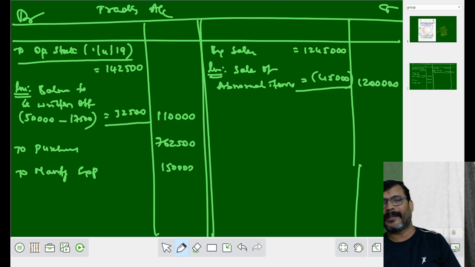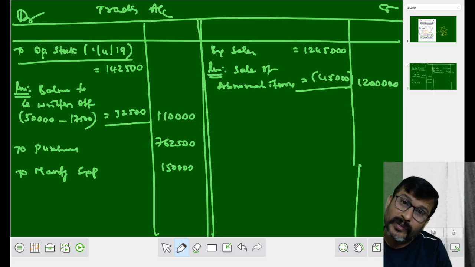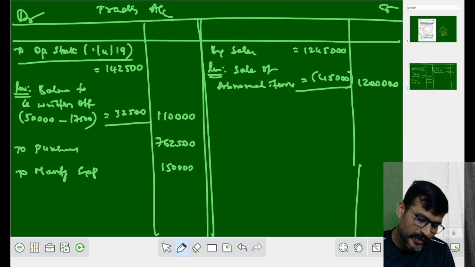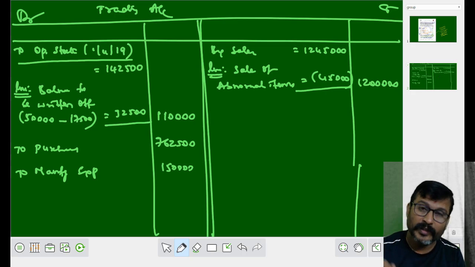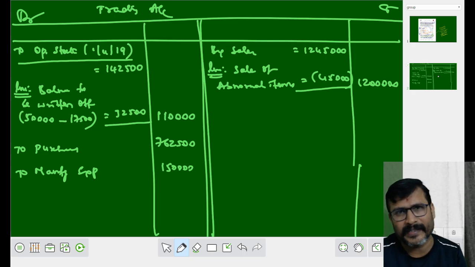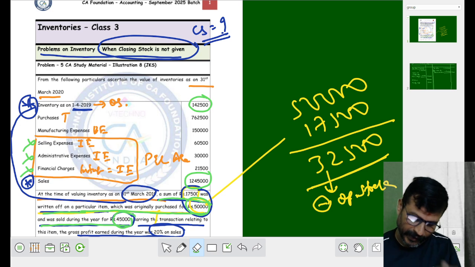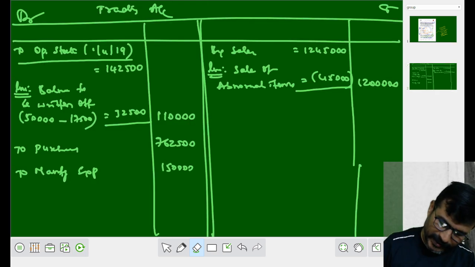You are getting a balance of 12 lakh. Did you understand? Out of stock, you have to subtract the balance to be written off. Out of the sales, we have to subtract the sale of abnormal item. Fine. Finally, what have they given? Gross profit is 20% on sales.